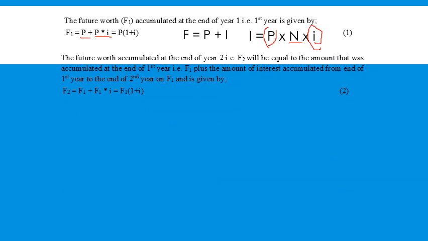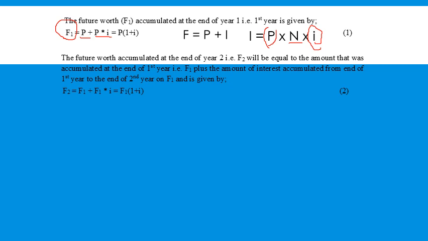The future worth accumulated at the end of year 2, F2, will be equal to the amount that was accumulated at the end of first year, and we have seen that in compound interest, interest for the second year will be calculated on the principal plus interest earned during the first year. So here in this case, the principal amount is not P, the new principal amount is F1, and hence the interest is calculated on F1.